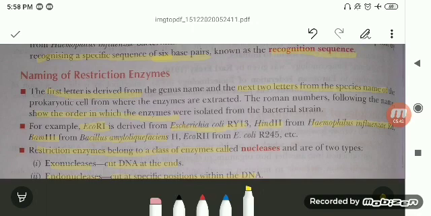By this we can name the various restriction enzymes depending upon their genus and species.